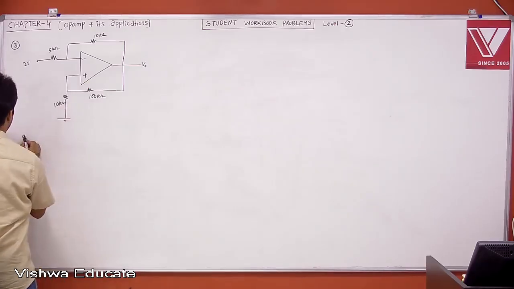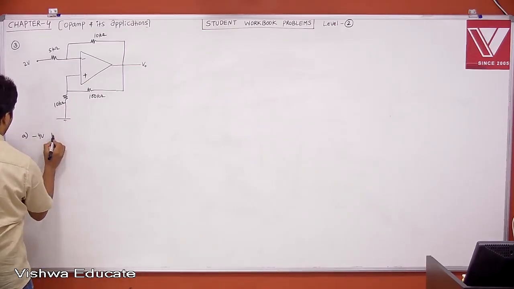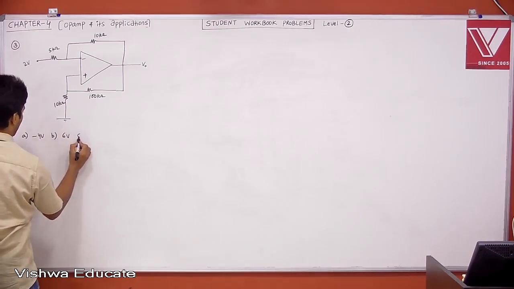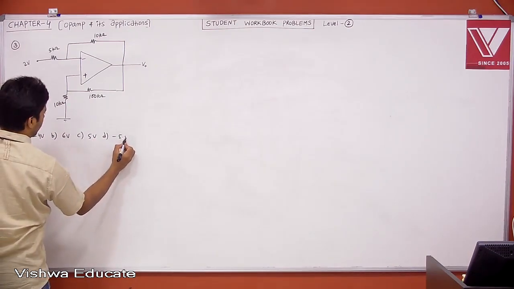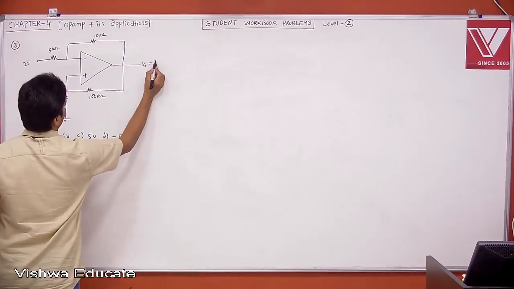Option A minus 4 volt, option B 6 volt, option C 5 volt, option D minus 5.5 volt. Therefore asking for V0.